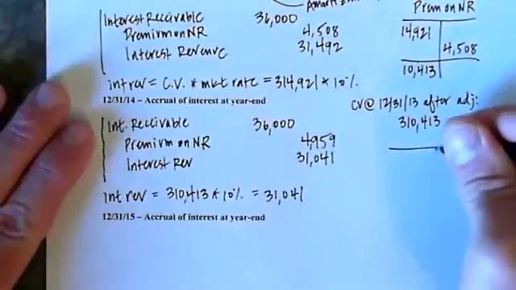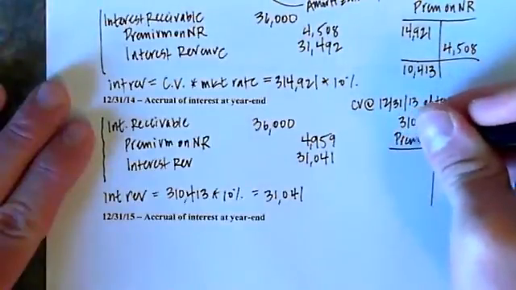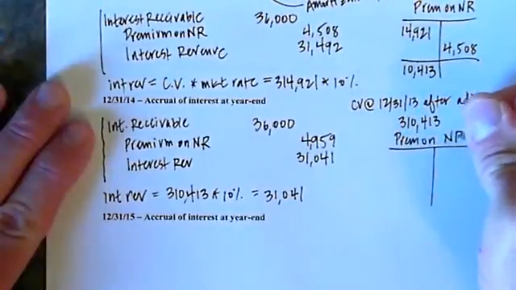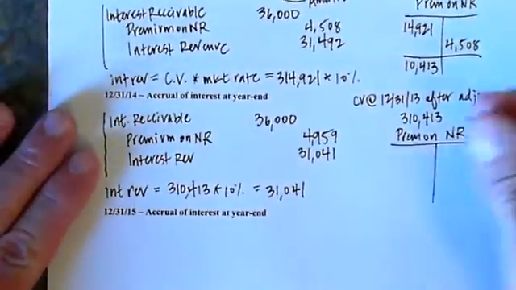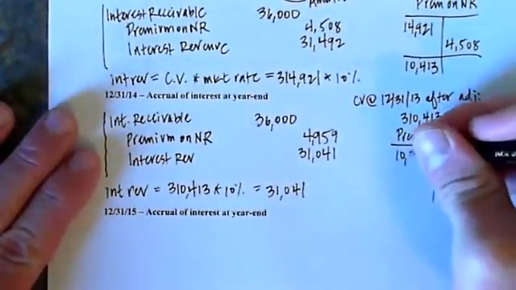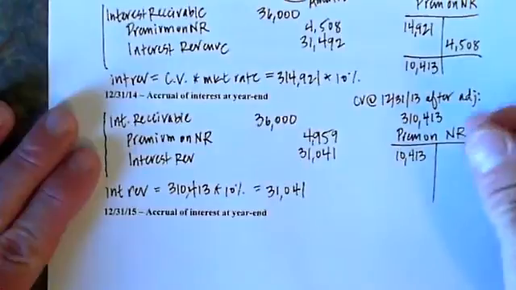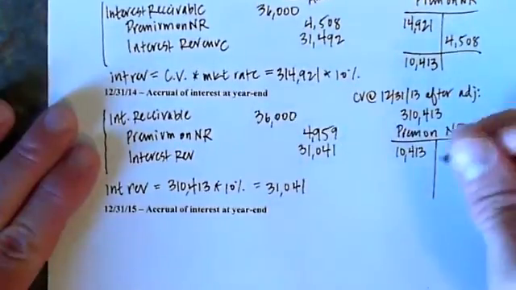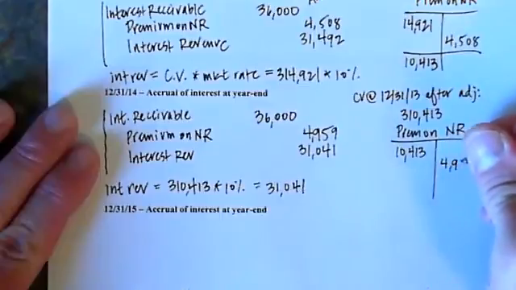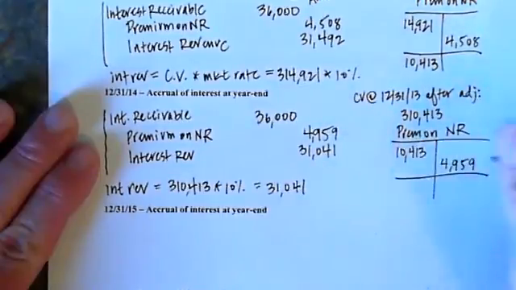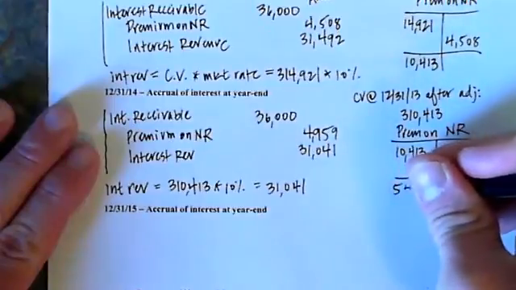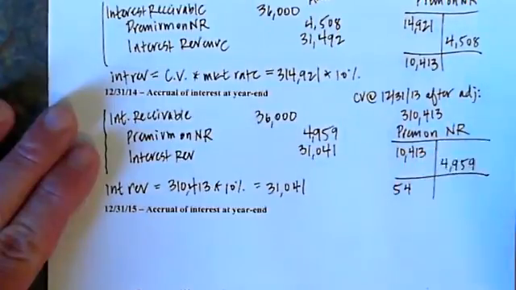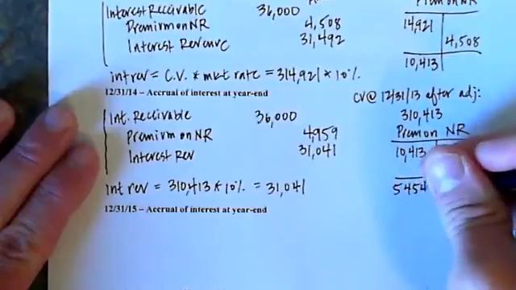So again, I want to update my premium account. It starts at 10,413. I credited it for 4,959. Now I'm left with a balance of 5,454.